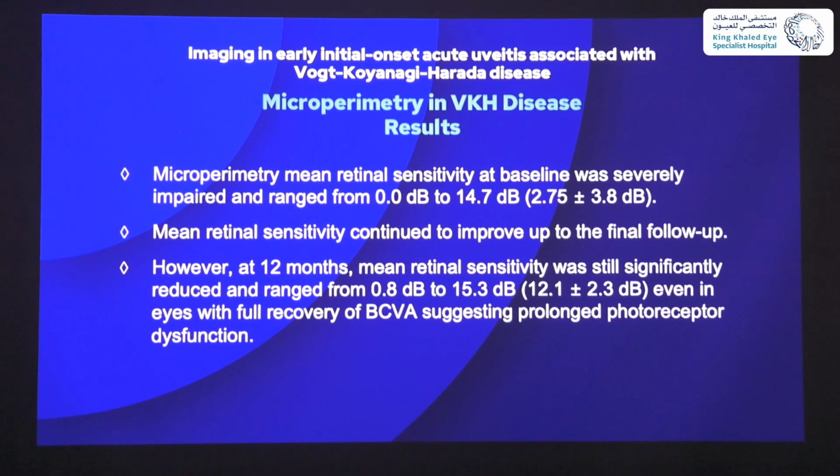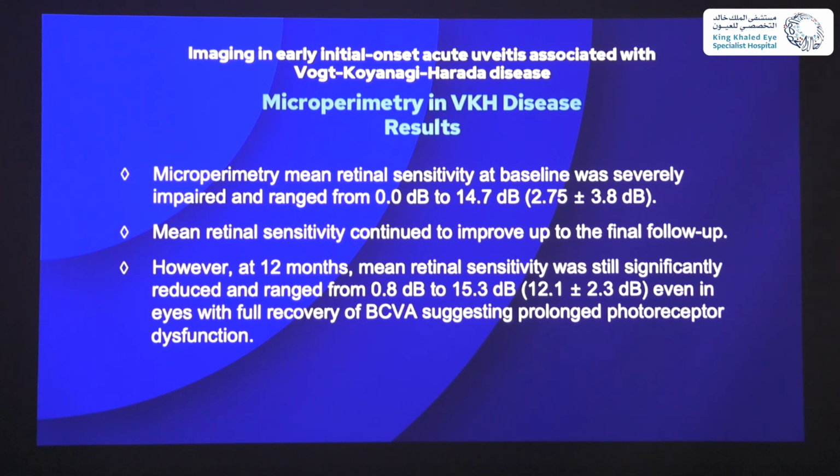So it reached at 12 months 12 decibels. I told you in the normal population of the same age, the normal is 19.6 decibel, meaning that in patients with VKH, at least up to 1 month, there is a status of photoreceptor damage. It can be permanent damage of the photoreceptors.